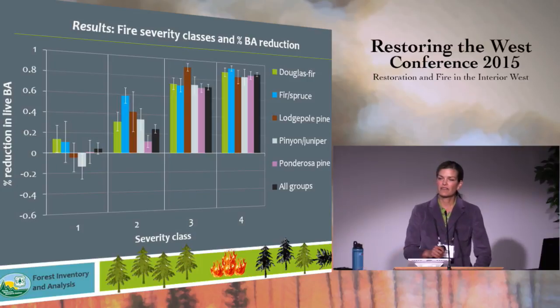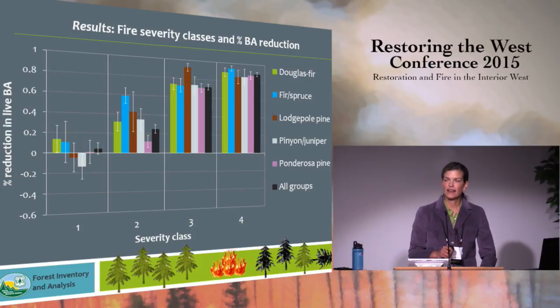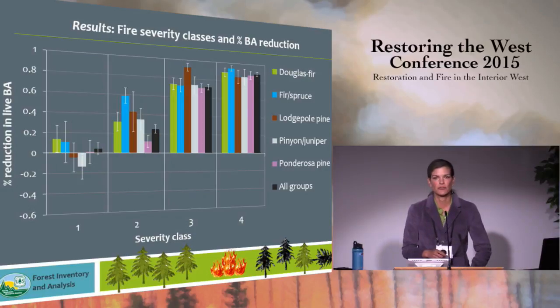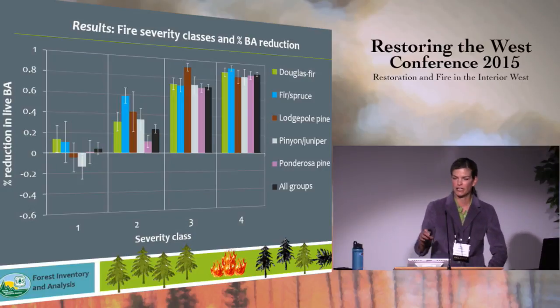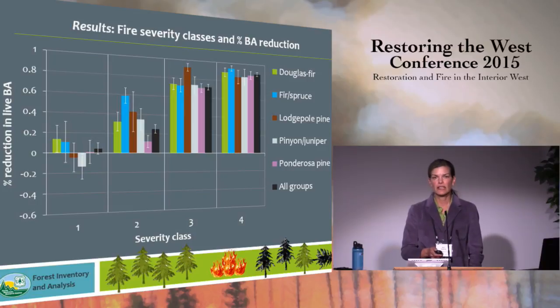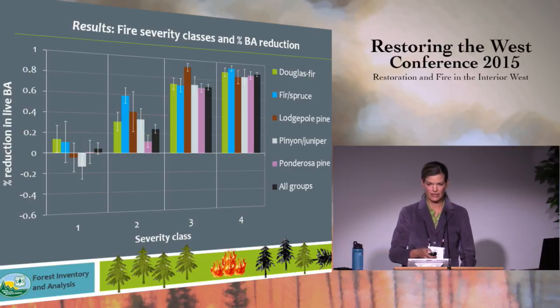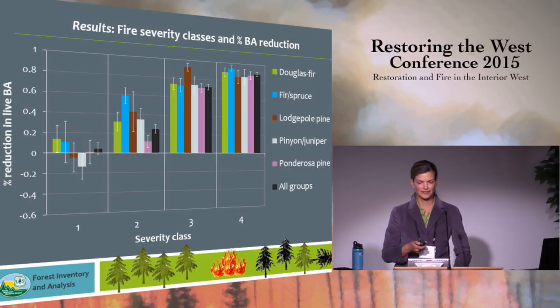Class 3 was about 70%, and then class 4, the highest severity, was generally over 80%. So still not 100% mortality, but quite high. And that pattern held true for most forest type groups. Lodgepole pine kind of bucked that trend a little bit, but that also was the forest type group with the smallest number of plots in this analysis.